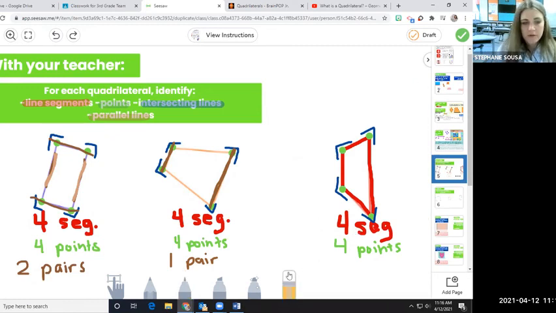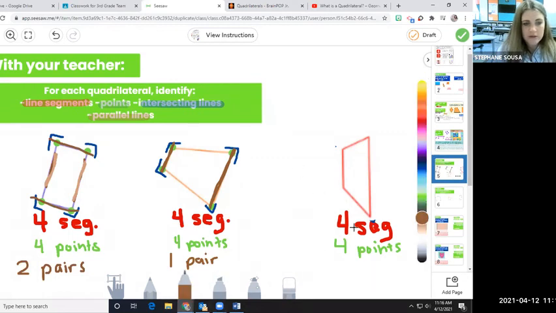Now I'm going to erase some of my drawings right here so that we can see this a little bit better, because this one is a bit tricky. You know what? Let's just erase all this here. Here we go. On this one, believe it or not, we actually have 0 pairs of parallel sides.